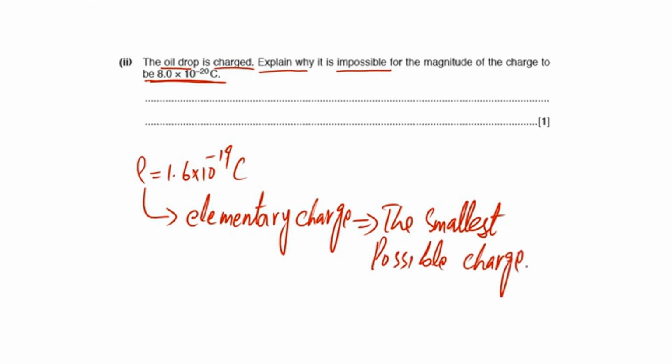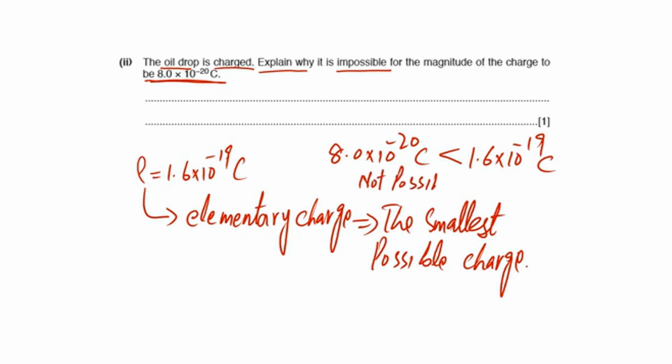Now if we compare this charge with elementary charge, we will say that 8.0 times 10 to minus 20 coulombs is less than elementary charge, meaning it's less than 1.6 times 10 to minus 19 coulombs. That's the reason this is not possible. So we can simply say that it is not possible because this charge is smaller than elementary charge.